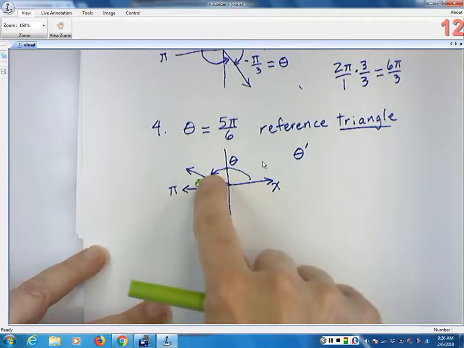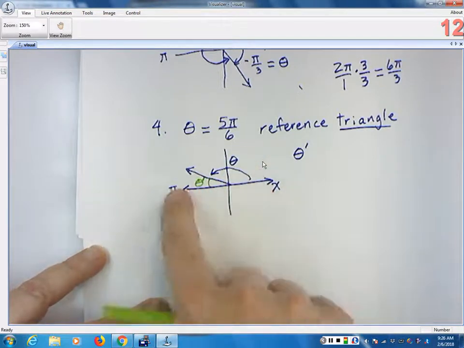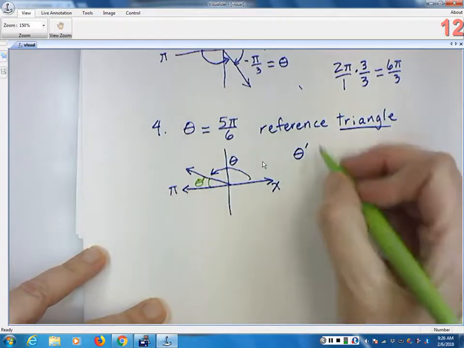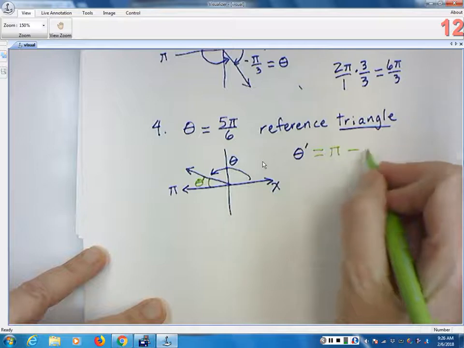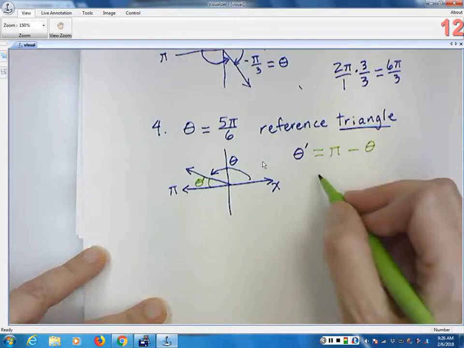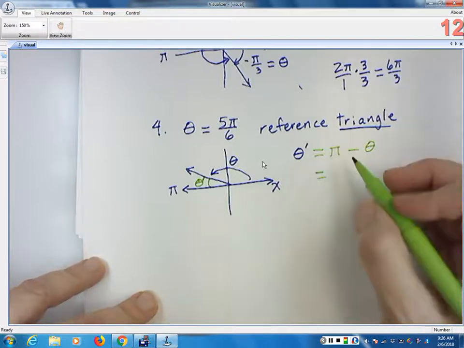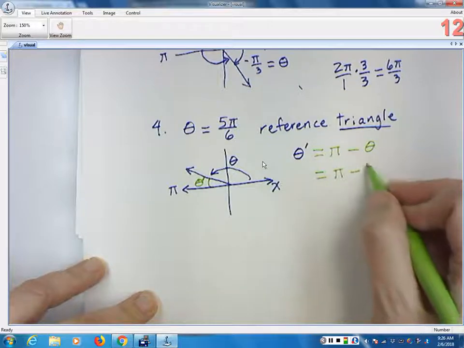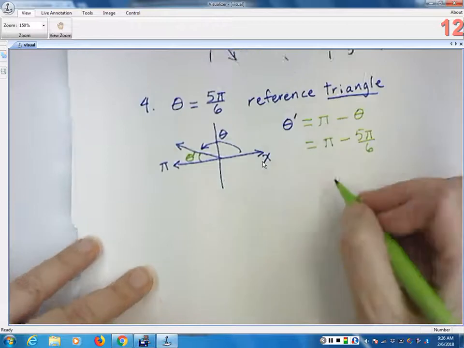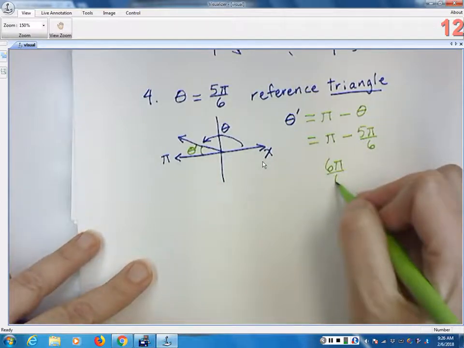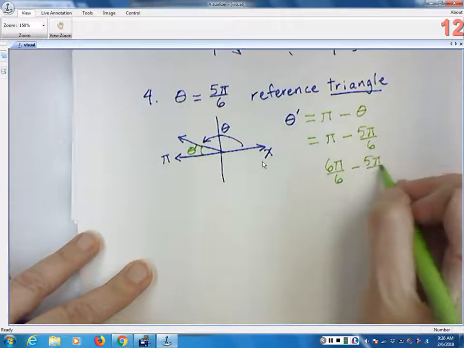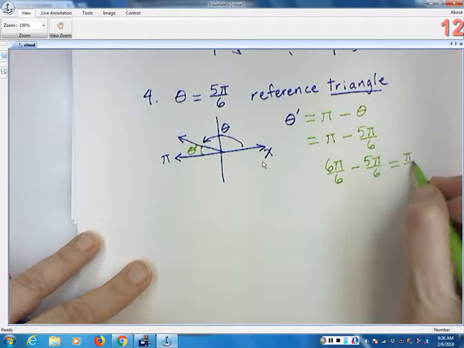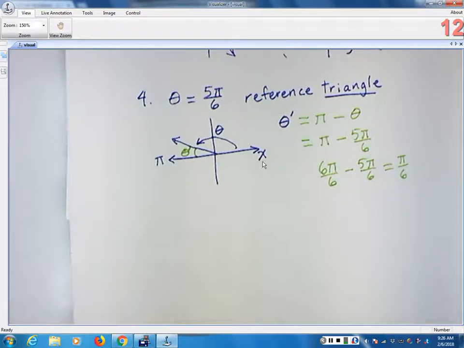Well, we want this little angle, and this straight angle is pi. So we got to take pi minus theta from the picture. And that is pi minus 5 pi over 6. So we write that as 6 pi over 6 minus 5 pi over 6 is pi over 6.